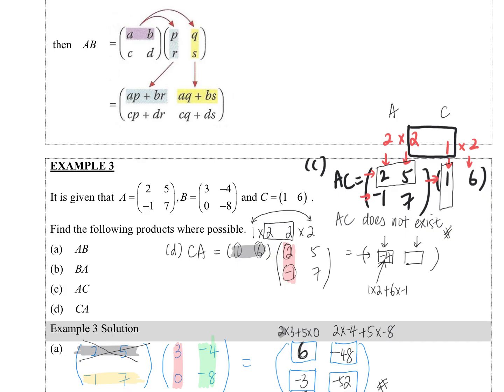Then you move on to the next entry, the black row multiplied by the second column now. It's always horizontal times vertical, like a number 7. So this entry will become 1 times 5 plus 6 times 7, and I will get 47 in my second entry.